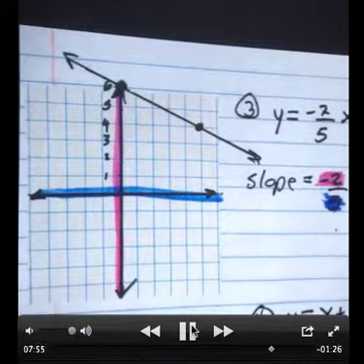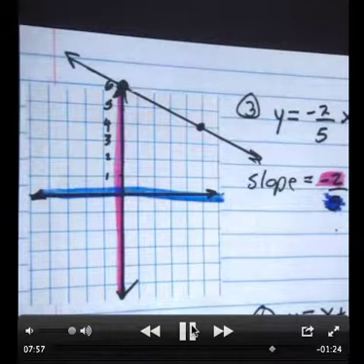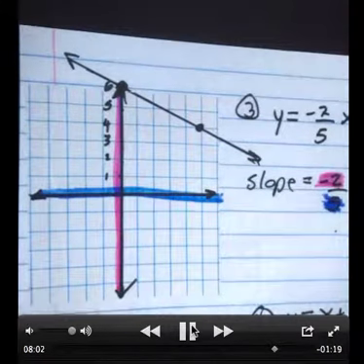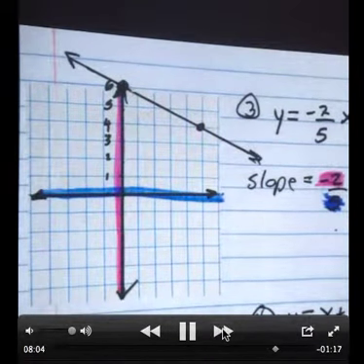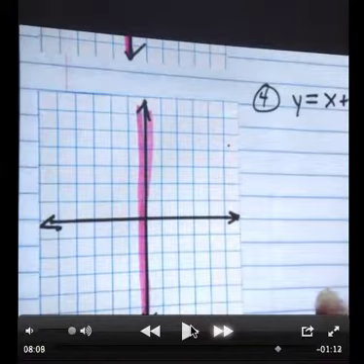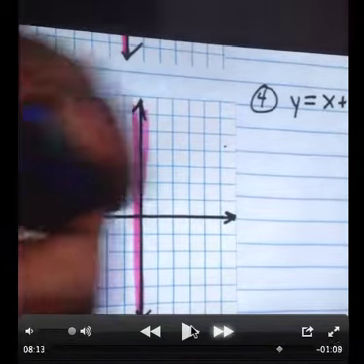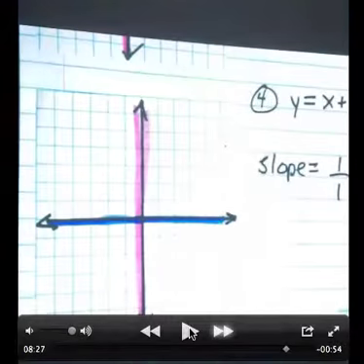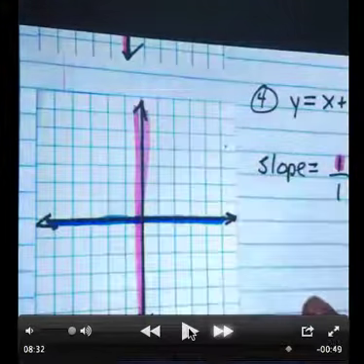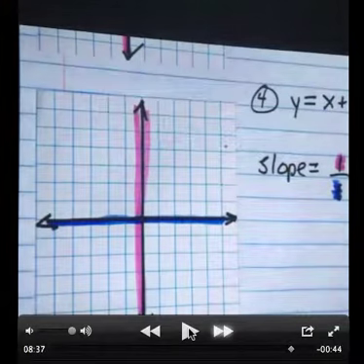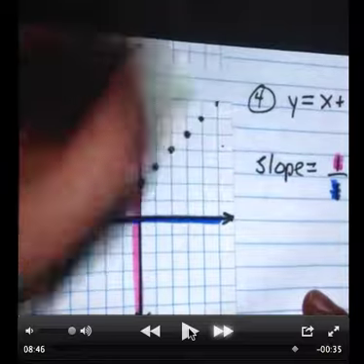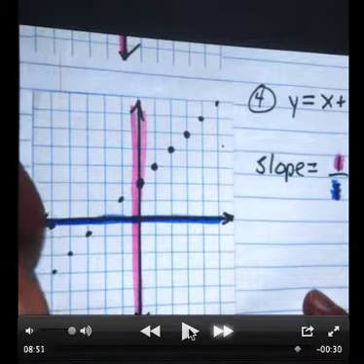I'll move it up here in just a moment. Here we go. So this is number 4 on page 97, y equals x plus 2. The slope is 1 over 1 because there's nothing in front of the x. So we start at 2, and then we just go up 1 and over 1.